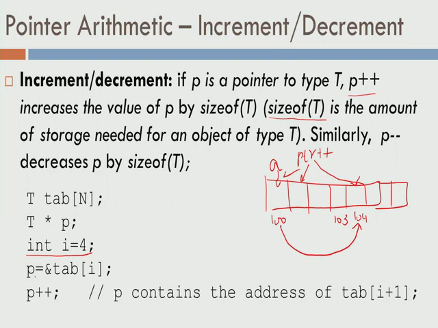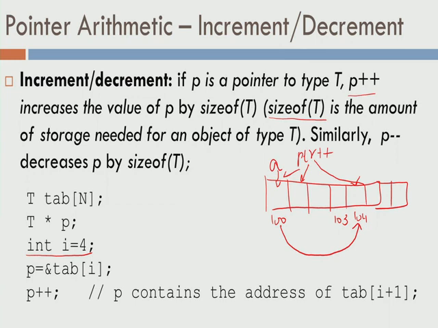If I do P equals ampersand of tab of i, so i is 4, it will make me point to the 4th entry in tab. Remember, the entries start at 0, so we are talking about 0th, 1st, 2nd, 3rd and 4th. So the ith entry is the 4th entry starting from 0.